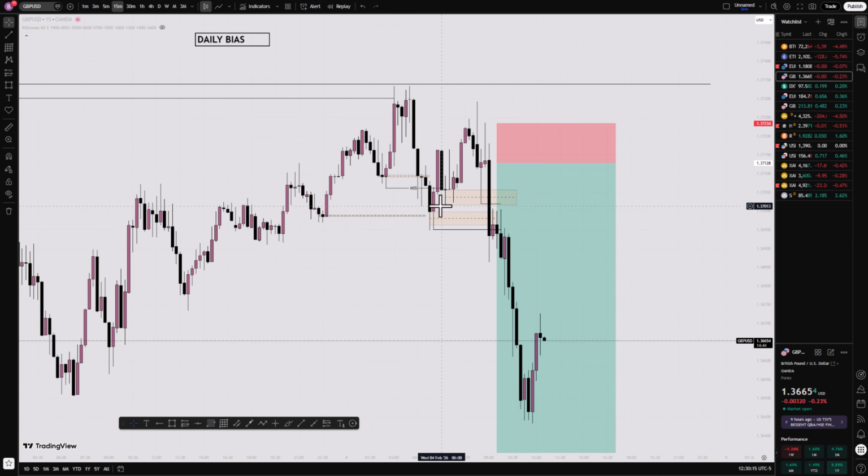Had price taken out the second breaker block and closed below it, we would have gotten a double break of structure. But we only had one break of structure, which is one market structure shift, and there is no strong displacement, but there is a fair value gap here, a very large fair value gap. Do you see it? This is a fair value gap.